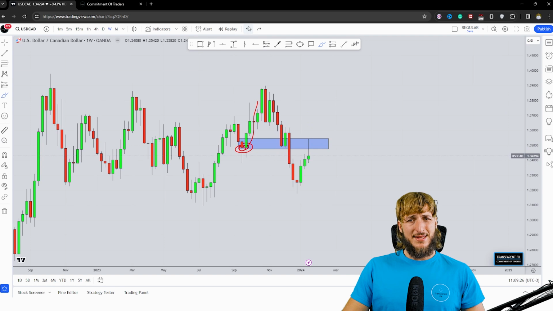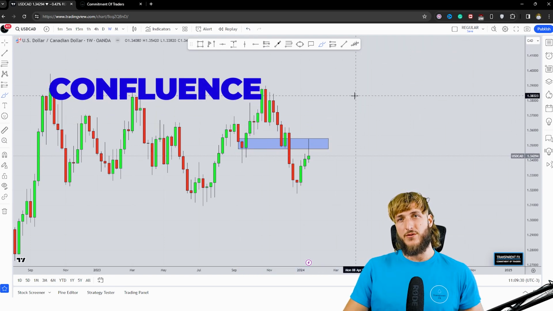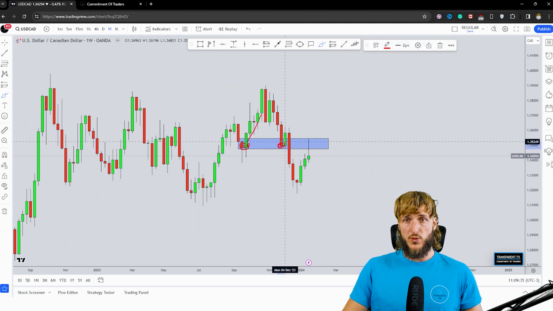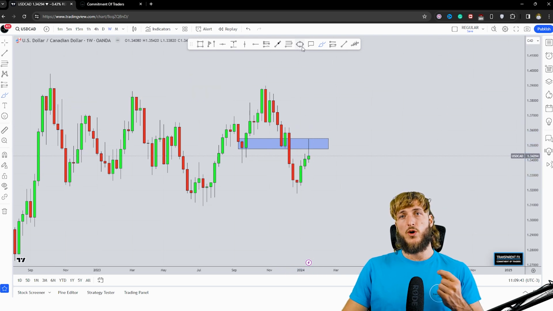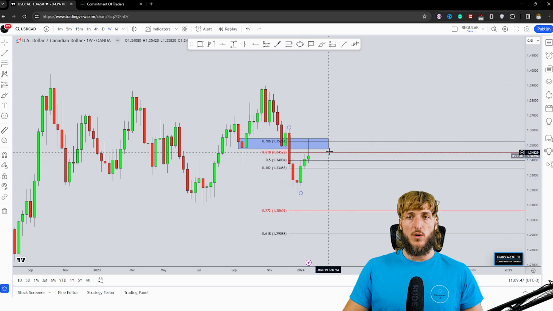And this level here is a quite important zone because it is actually a confluence of resistance area, because we have both these previous levels of weekly support, which are now resistance, and also we have a strong impulse followed by this correction. And in general, after an impulse, if you want to measure the correction, you have to take your Fibonacci from the high to the low of the impulse leg.